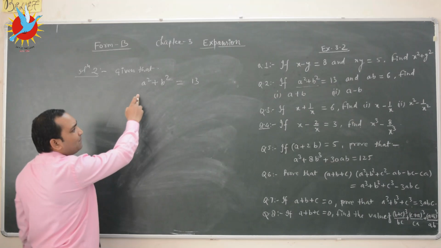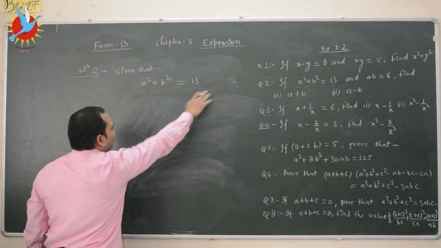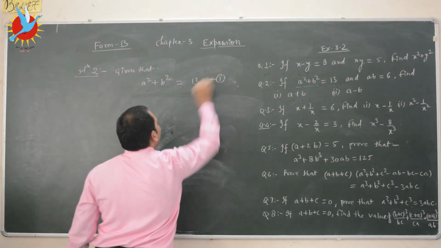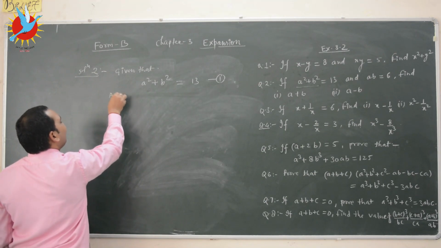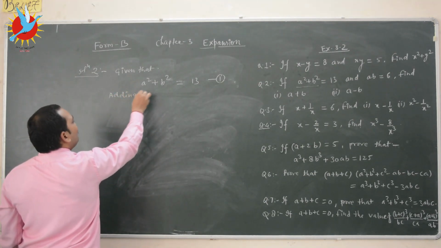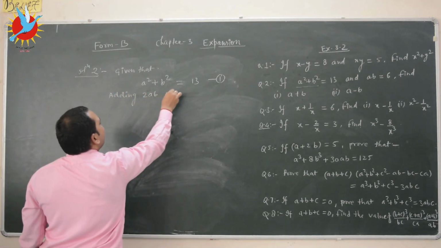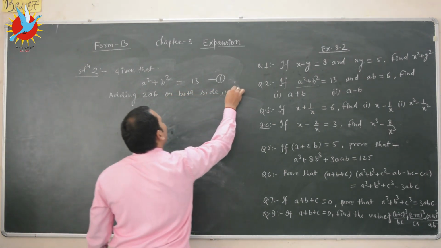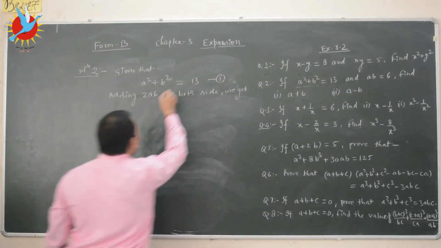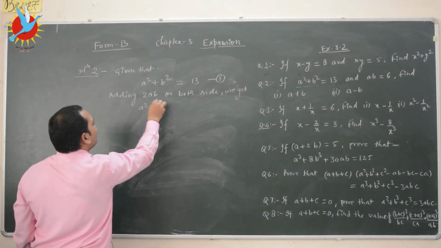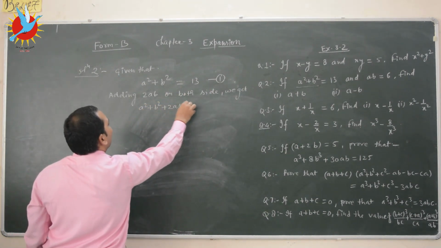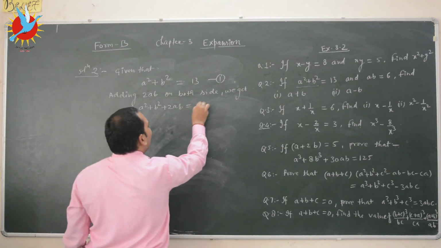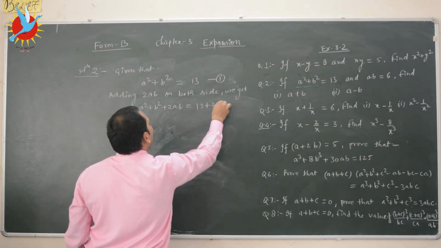So we add plus 2ab on both sides. This is equation first. Adding 2ab on both sides, we get a square plus b square plus 2ab, and here also 13 plus 2ab.